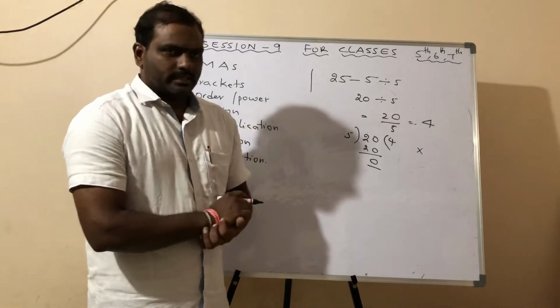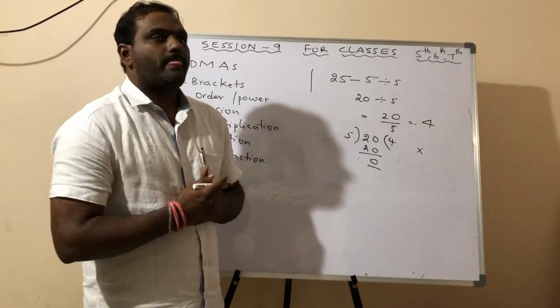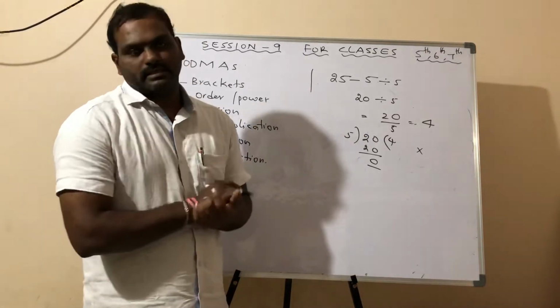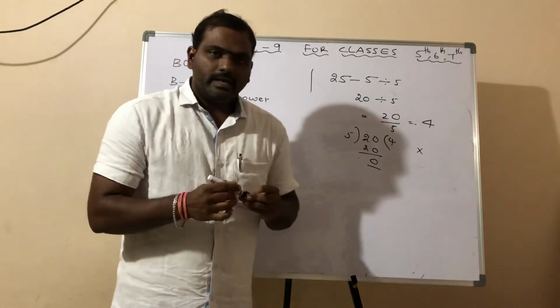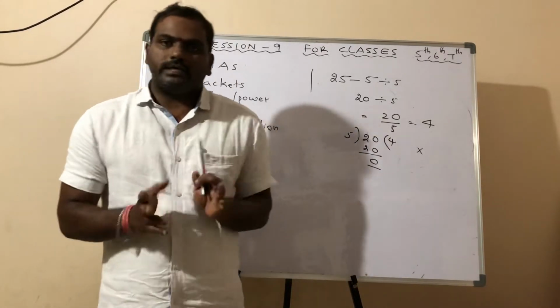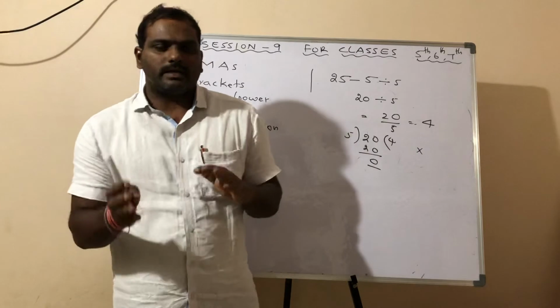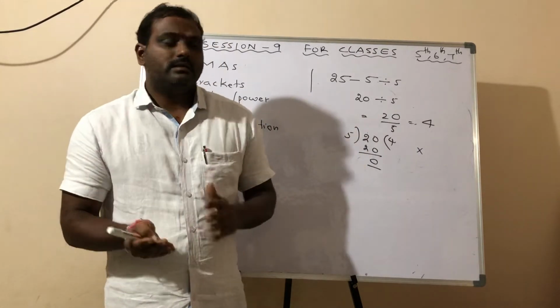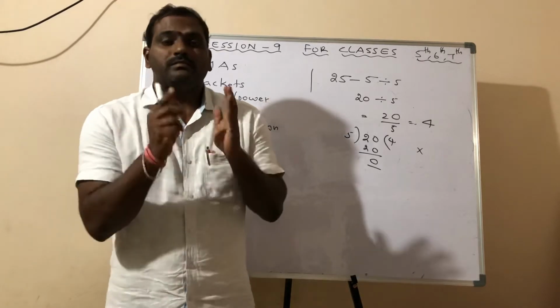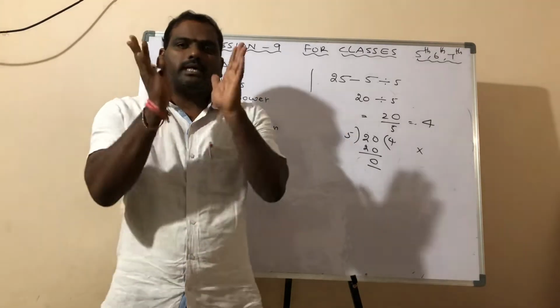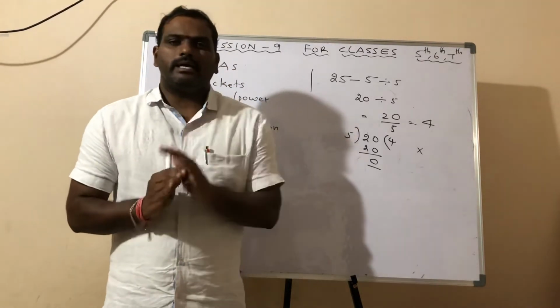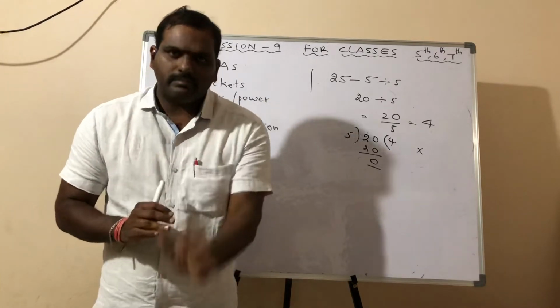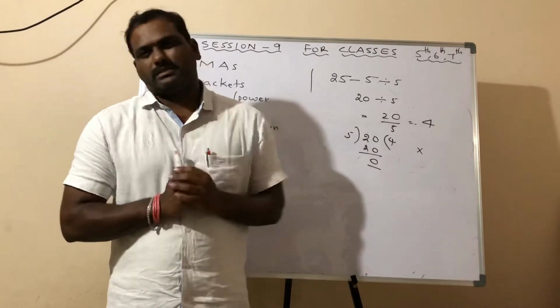What is the correct answer? Sir, why? What happens if I do like this? It's the wrong answer. So whenever you get questions with a combination of addition, subtraction, multiplication, division, there is one particular rule in mathematics, and you have to follow the same process.